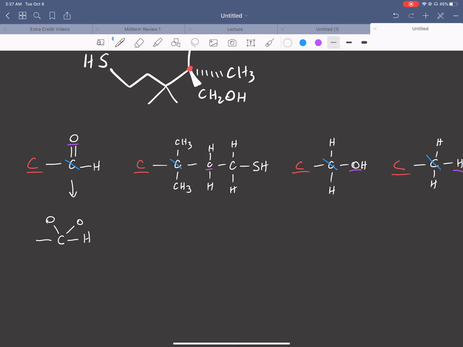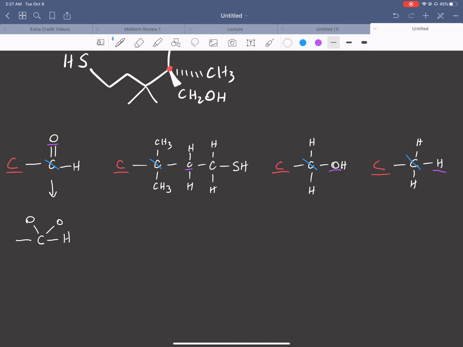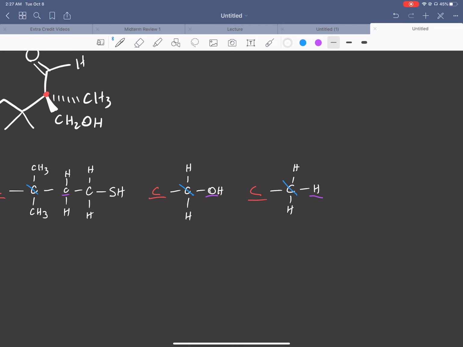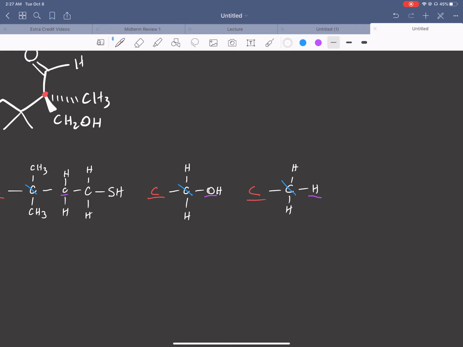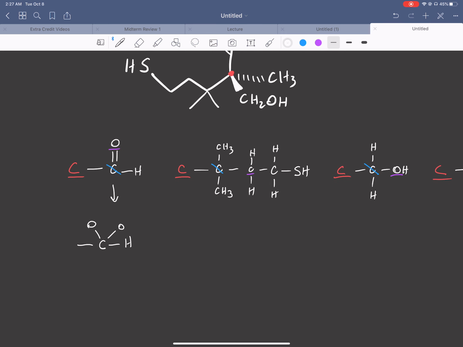So let's look at this substituent, the carbonyl, compared to the second one, oxygen is higher than a carbon. Compared to the third one, we are now talking about an OH. Well, here we're bound to one oxygen in this substituent, whereas over here we're bound to two, as we discussed about how we treat double bonds when determining R and S. So what has a higher priority?